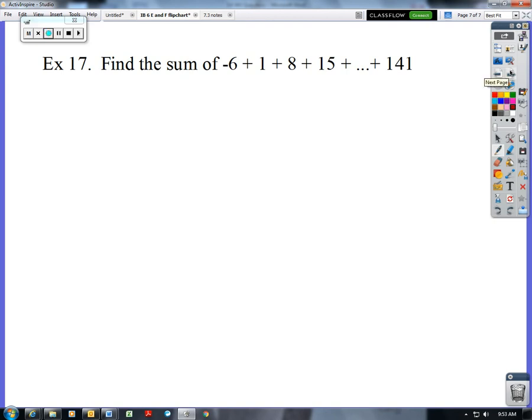This is our last example. I would recommend trying it on your own, and then I will do it as well. So we've got a difference of 7. Now on this one we have the first term and we have the last term, but we need to know the n, what this number is, because we need it in the n over 2.